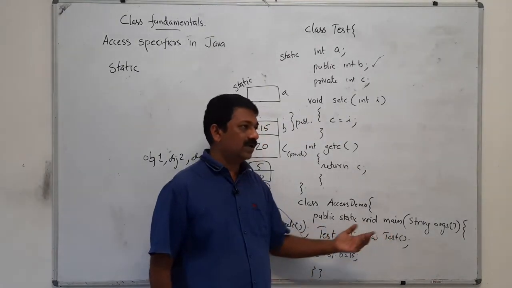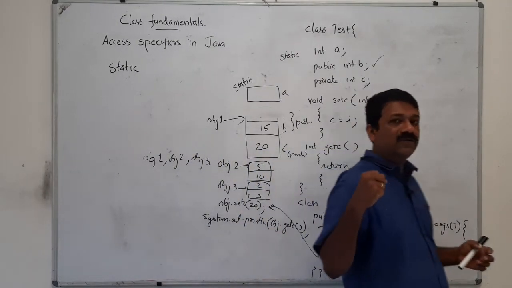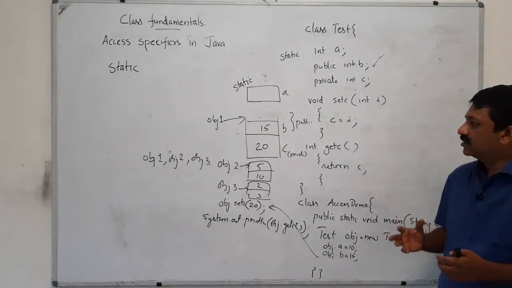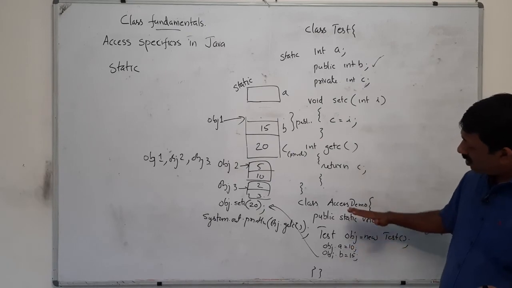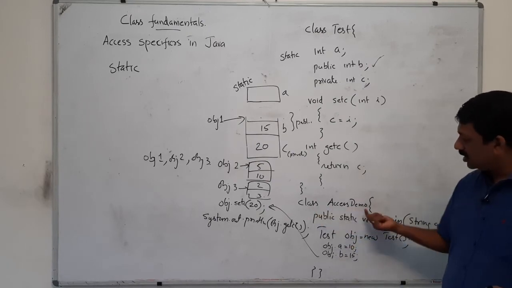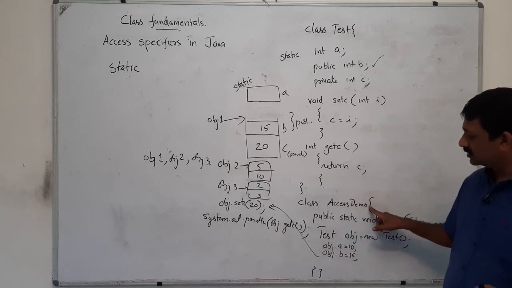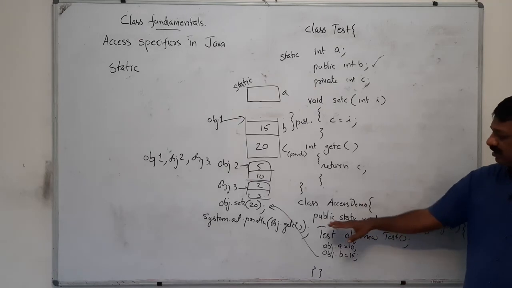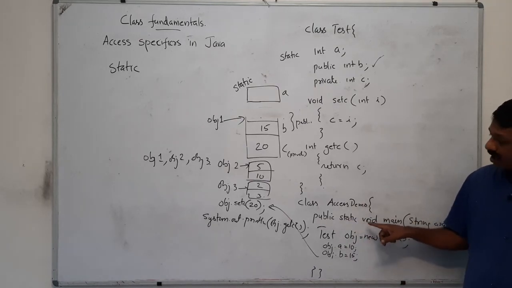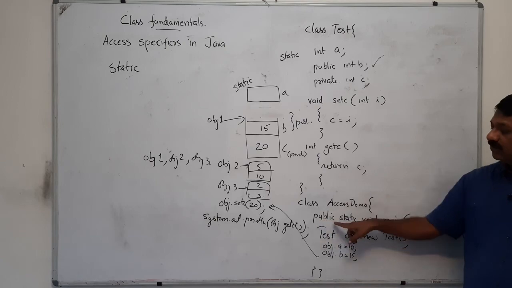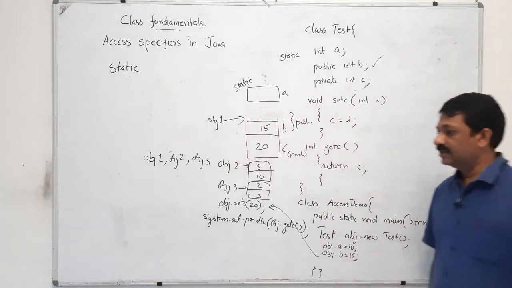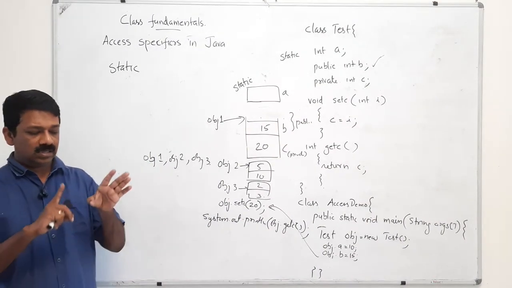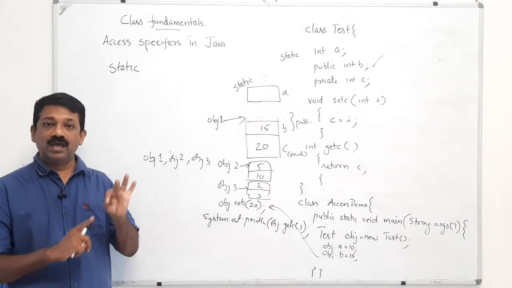Different instances of that function are not possible, because in the class access demo you have a single function. That's why you have made it static, and that can be accessed by anybody, which is why we made it public.